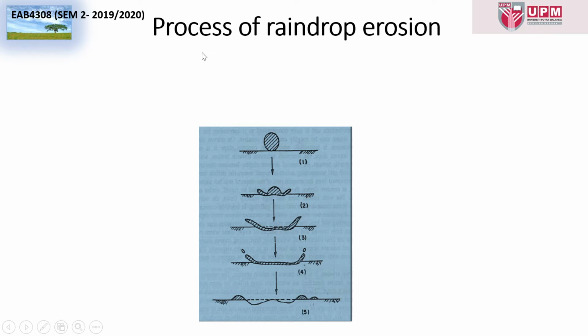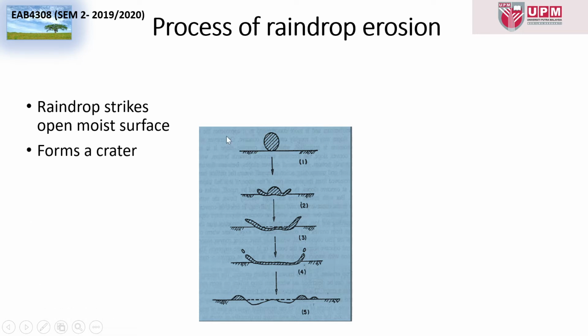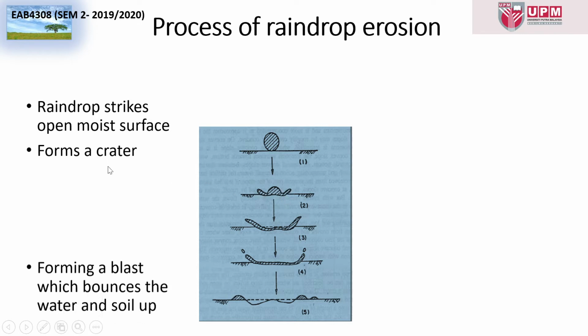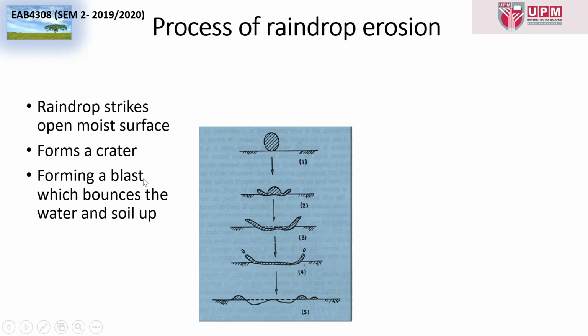So first, we look at the process of raindrop erosion. A raindrop strikes an open moist surface. When this happens, it forms a crater. And from the impact, a blast which bounces the soil and water up will happen.